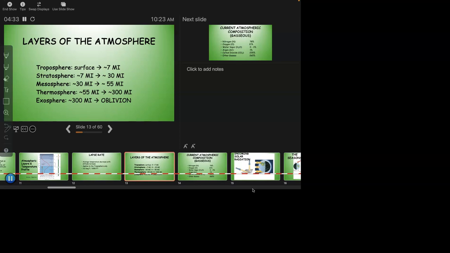Troposphere goes from the surface to approximately 7 miles. All right, we told you earlier that about 3.5 miles you're past 50% of the atmosphere. Well, that other 3.5 miles will get you to the end of the troposphere. That one you might want to remember.